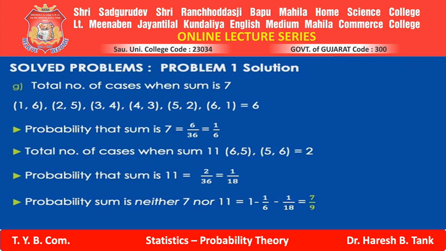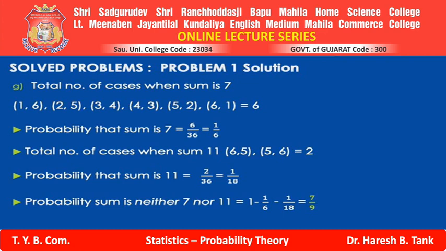Next case is total number of cases when sum is neither 7 nor 11. Both of them are negative. Not 7, not 11. Since it is not, we'll put it in the form of 1 minus something. So first of all, let us get when sum becomes 7.